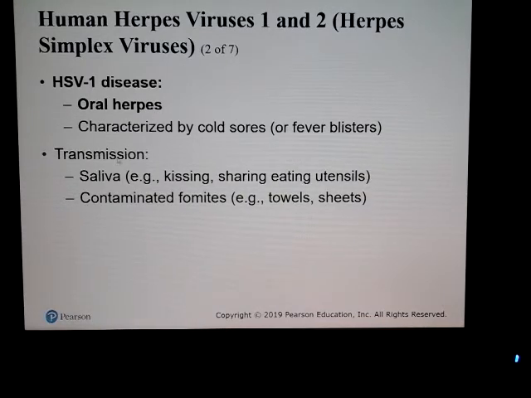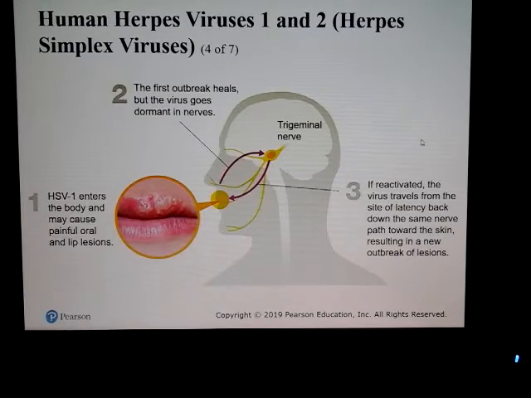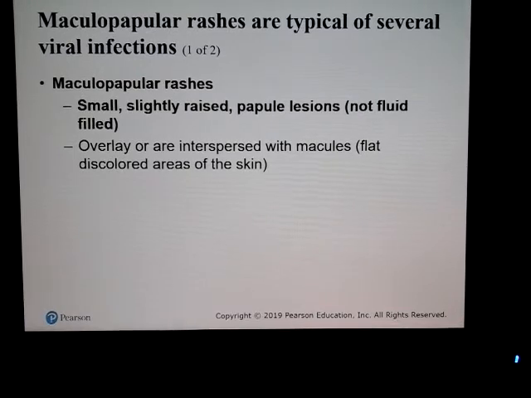And it can be transmitted by saliva, contaminated fomites, things like towels, sheets, etc. And right here, if you guys take a look at this person's lip, you can see the little vesicles that pop up there. Now, herpes is pretty interesting, guys, because it is a type of virus that can move along nerves. And it can be reactivated again and again.